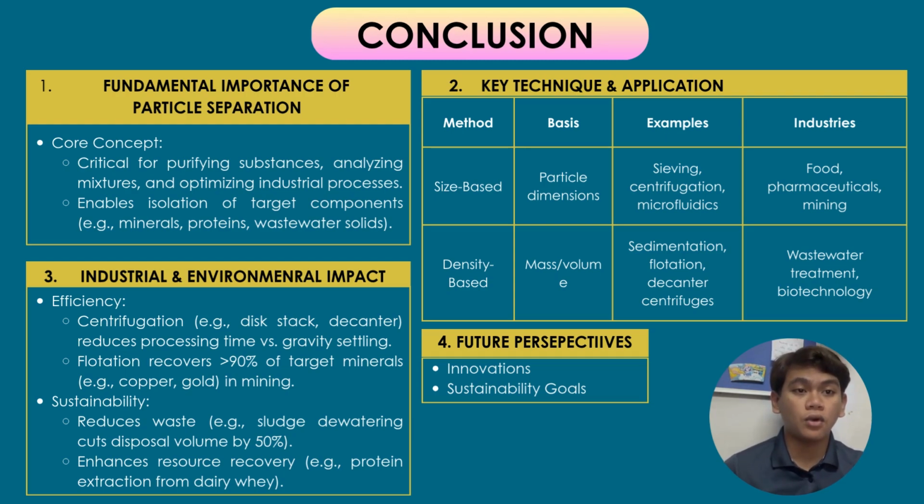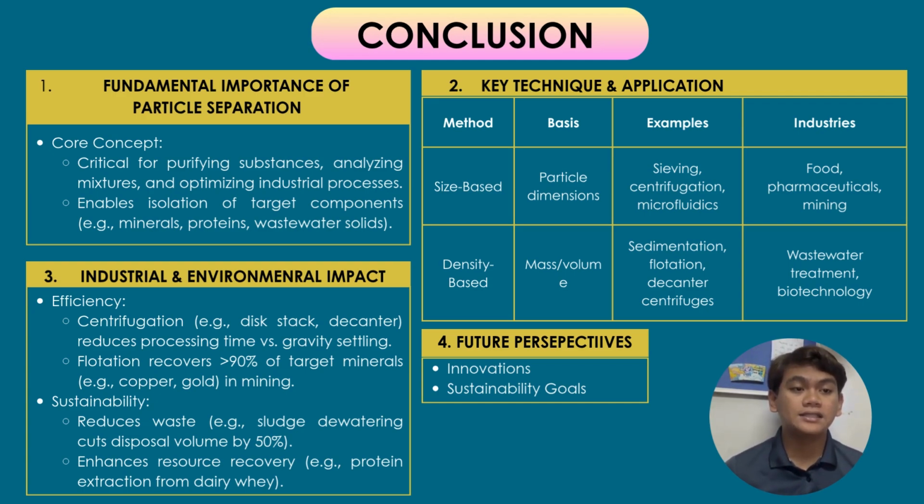We have explored two core approaches, size-based and density-based separation. Let's compare them directly. Size-based methods like sieving and centrifugation excel in food and pharmaceuticals. Think of separating yeast from wine.